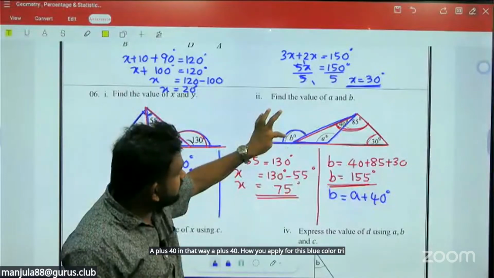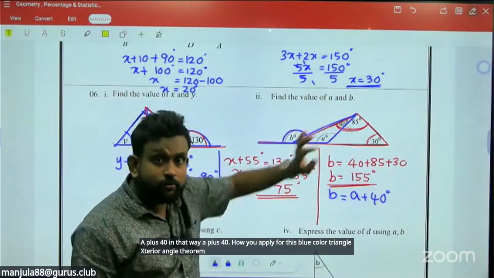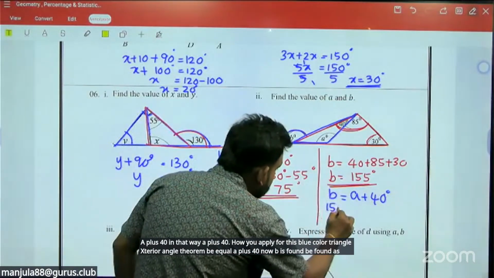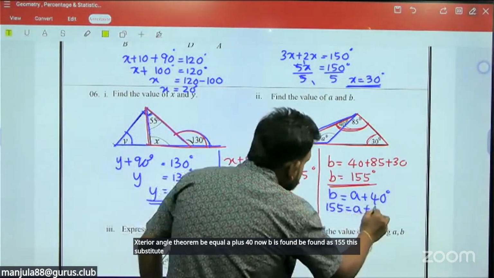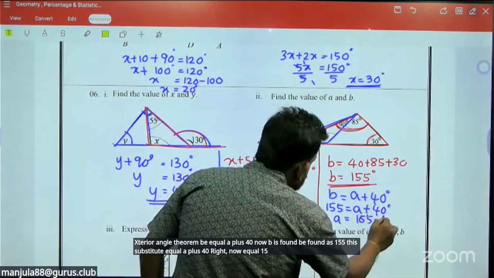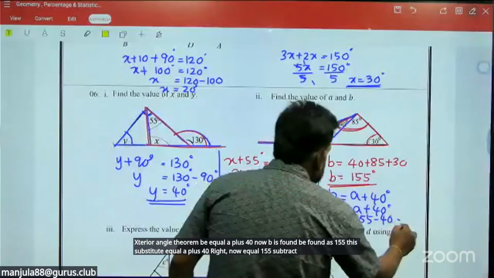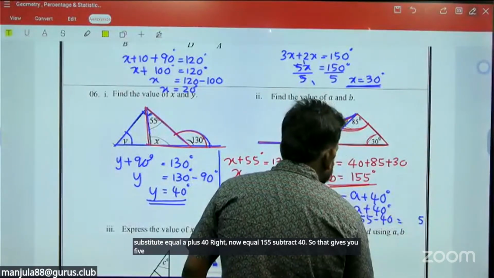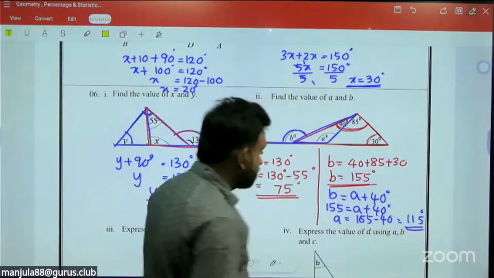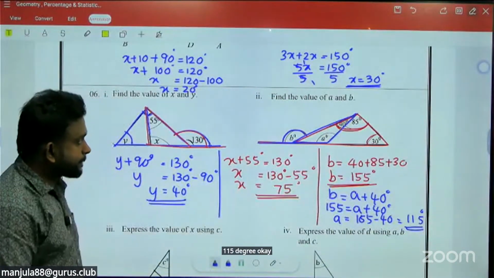Exterior angle theorem, B equals A plus 40. Now B is found as 155. Just substitute: 155 equals A plus 40. Now A equals 155 subtract 40. So that gives you 115 degrees. Okay, A is 115.